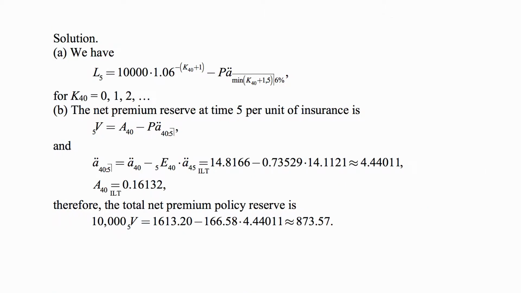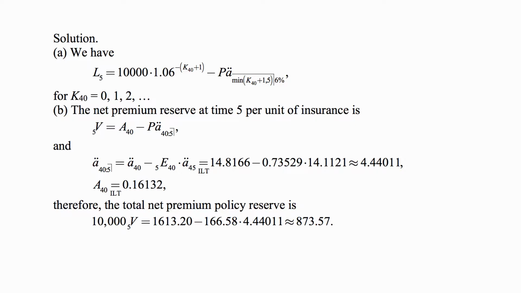And here's the solution. For part A, the loss random variable is the present value of the death benefit, which for a discrete policy is payable at the end of the year of death, so it's 10,000 times 1.06 to the minus K40 plus 1, minus the present value of future premiums, which is payable as an annuity due as long as the person is alive, but no more than 5 years.